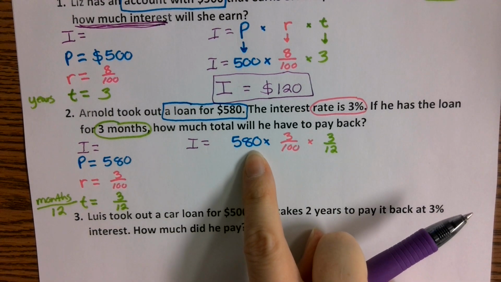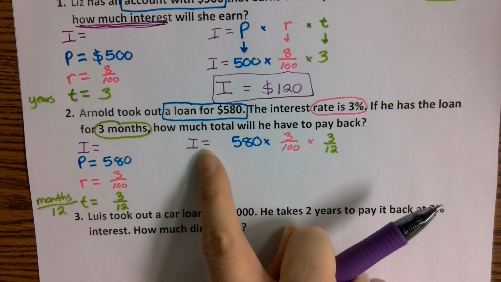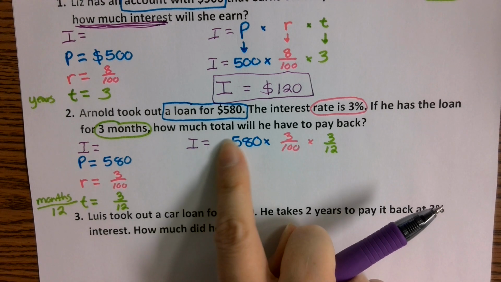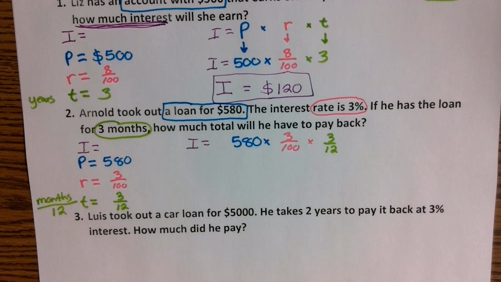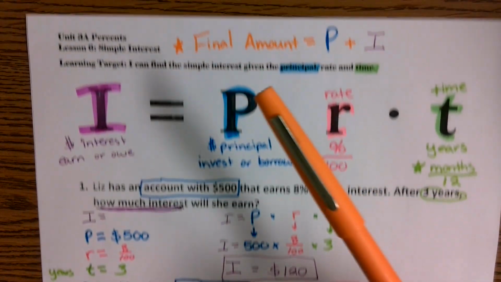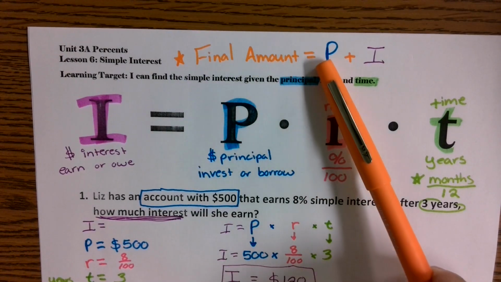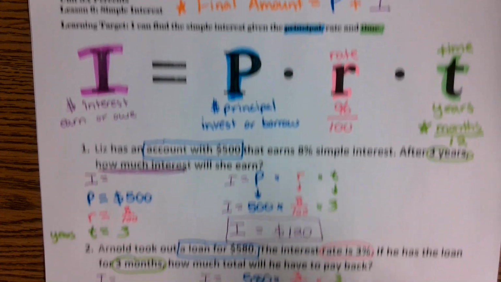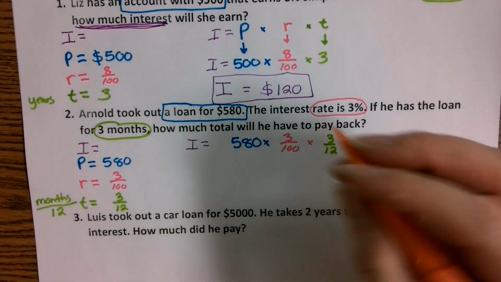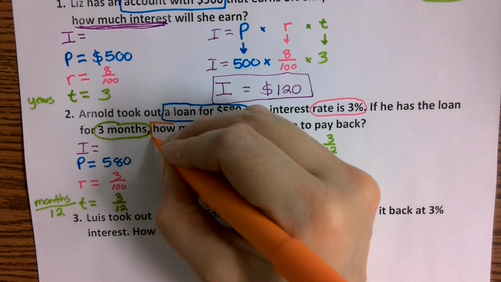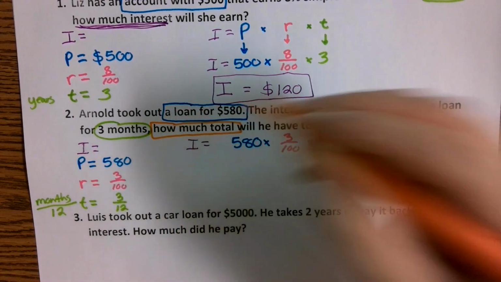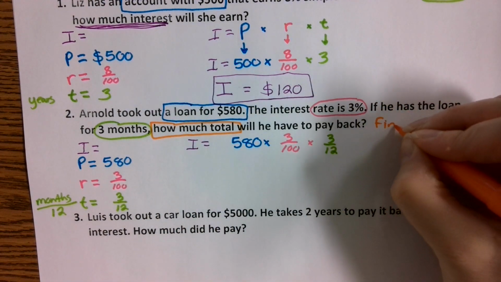Principal plus your interest. So once you found your interest, you're going to add that onto your principal because it's asking us for that final amount, principal plus interest. Very important for you to know that. We want to know the total. That means we need to figure out the final amount.